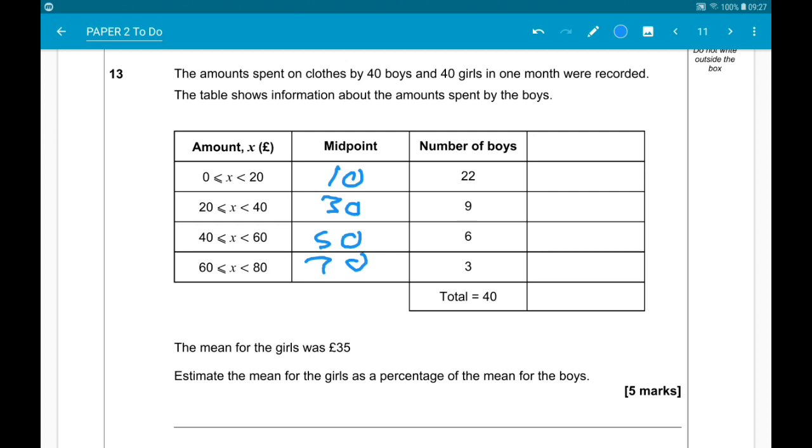So 10 times 22 is 220. 30 times 9 is 270. 50 times 6 is 300. And 70 times 3 is 210.